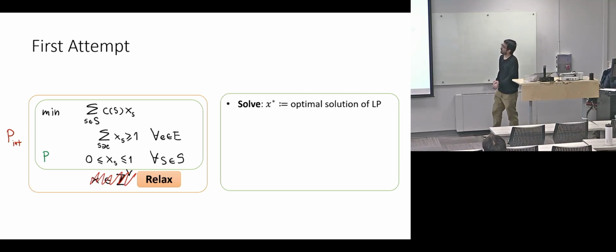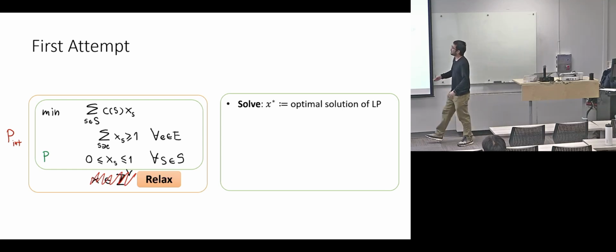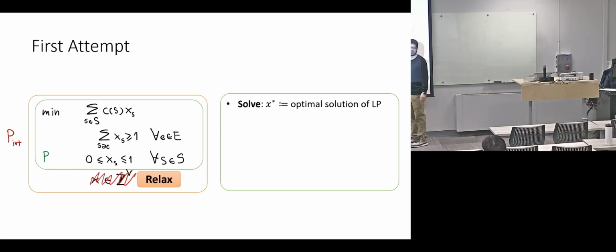If I tell you that I'm going to round this in a randomized way, what do you think? Any suggestion?